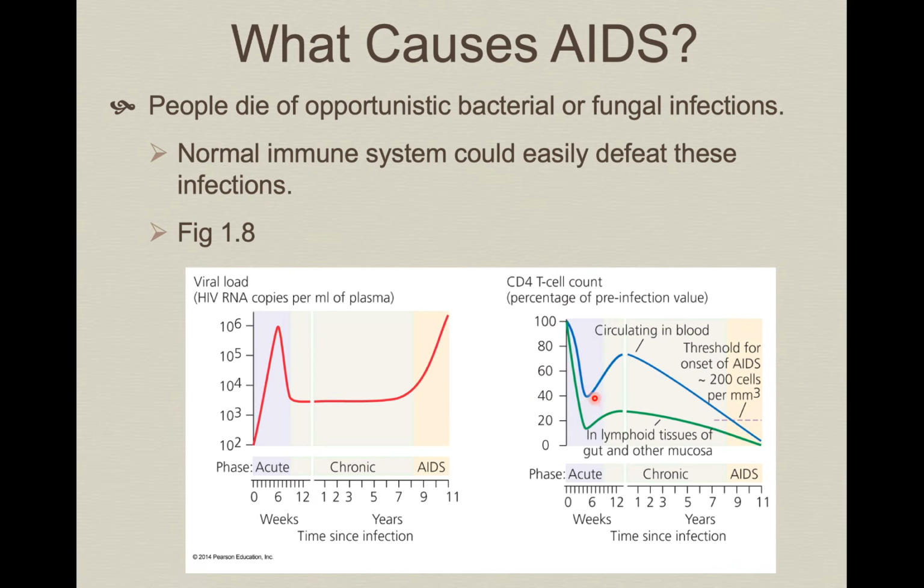But if you look at how that's related to the production of T cells, immune fighting cells, they have an initial rebound, but then they go through this slow decrease as the HIV virus that is in the body continues to infect them. And once you end up having the T cells at such a low number, then you have this rapid entry into acquired immune deficiency syndrome, AIDS, where your immune system collapses and you're more likely to be killed by an opportunistic infection.